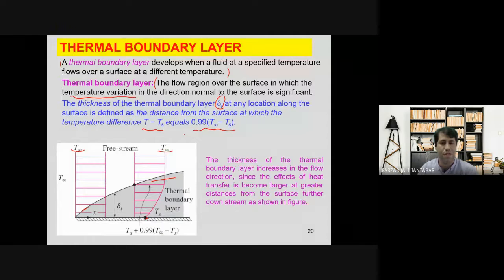So if you remember, for the velocity, it was 99 V. That was the thickness of the velocity boundary layer. Here, for the temperature boundary layer, to determine this delta T, we need to find a layer whose temperature T minus Ts is... Ts is the temperature of the surface, T is the temperature of that specific layer.